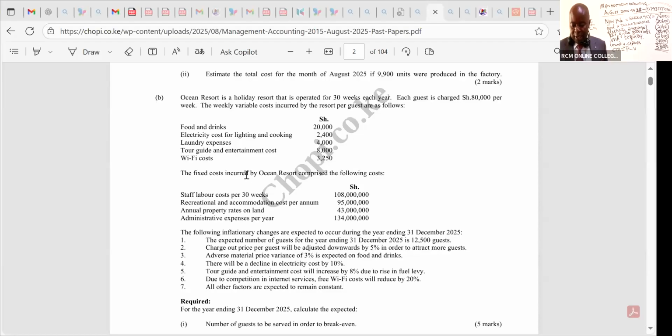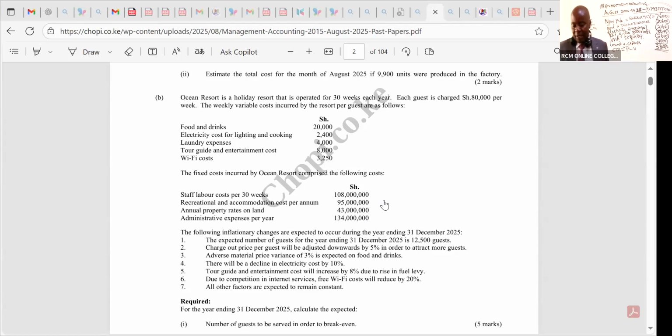The fixed cost in the Cardi Ocean Resort comprised the following costs. Is there somebody who is able to add all these fixed costs for me, please? You take 108 million plus 95 million plus 43 million plus 134 million. Is there anybody who is able to add all this and lump them together?